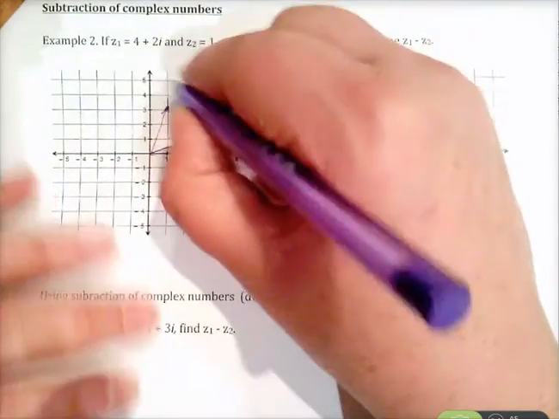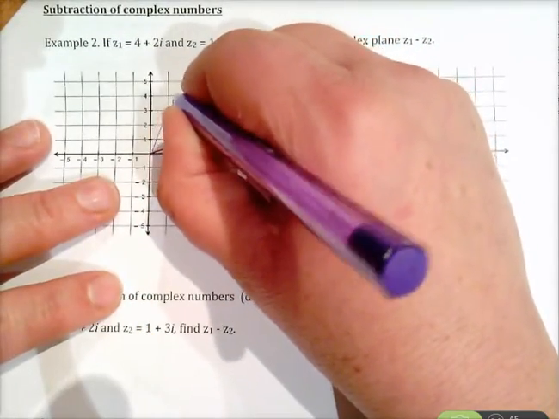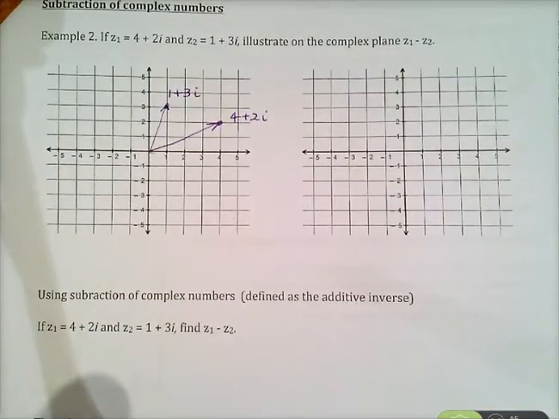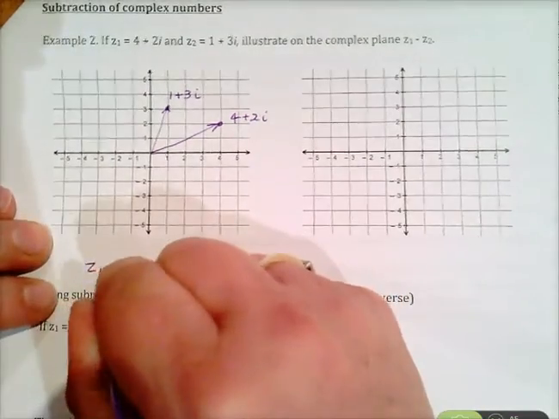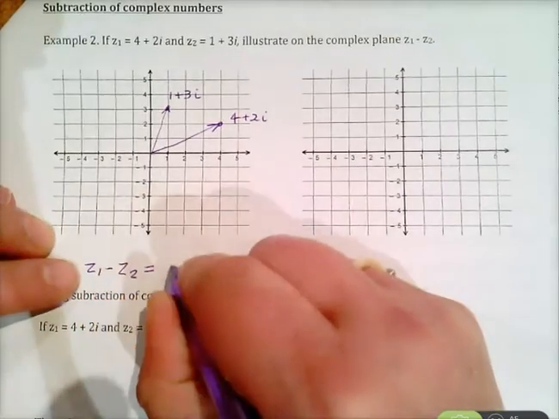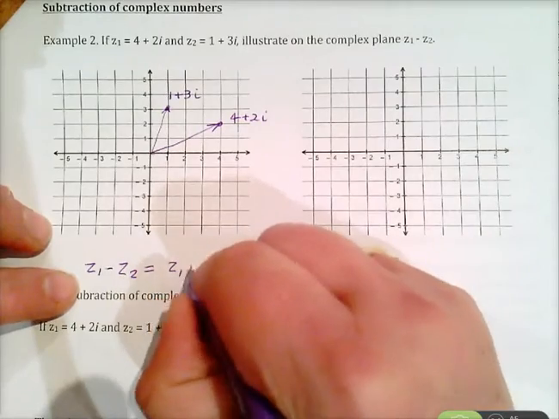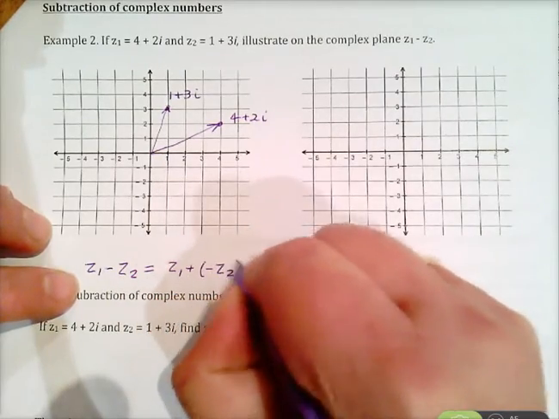This point here is, what have we got? 1 plus 3i. Okay, but we know that when we subtract, so if I want to do z1 minus z2, subtraction is defined as the additive inverse. So it's z1 plus negative z2.